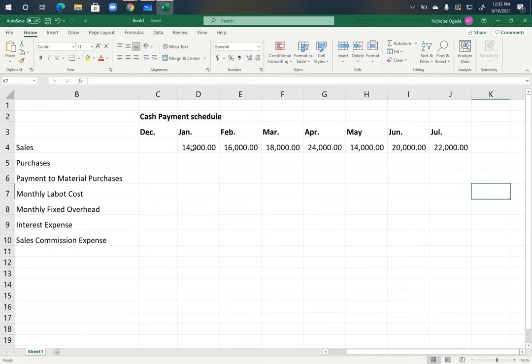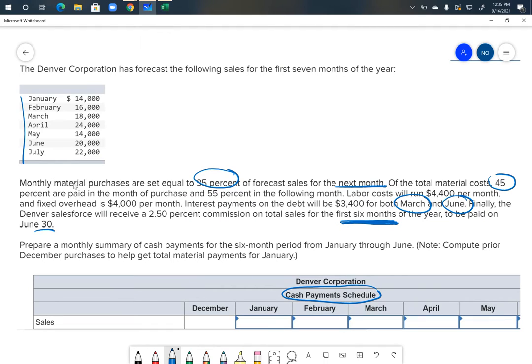I've already keyed in the sales numbers, which were given. That's the sales forecast we were given. And for the purchases, this is what we're told: the monthly material purchases are set at 35% of the forecast for next month.